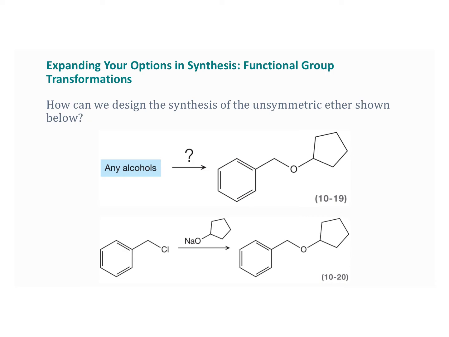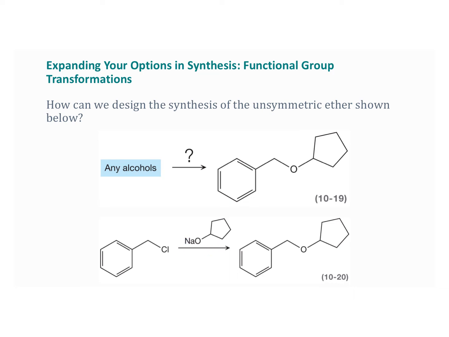For example, here's the problem. We want to design this ether, but when we go to the stockroom, all we have are alcohols. So we can use any alcohol to design this. To use a Williamson ether synthesis, we could use an alkyl halide and an alkoxide ion shown here.